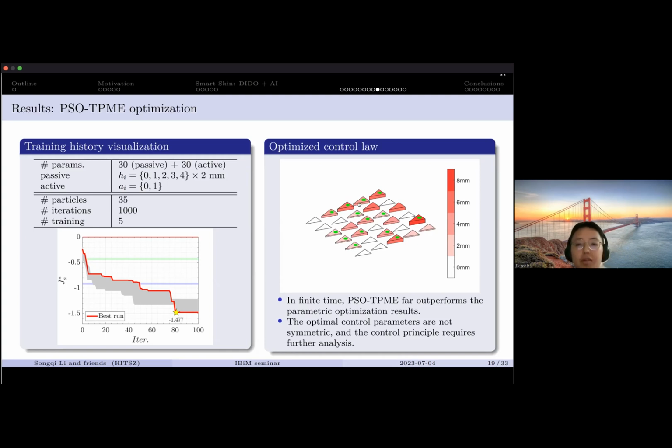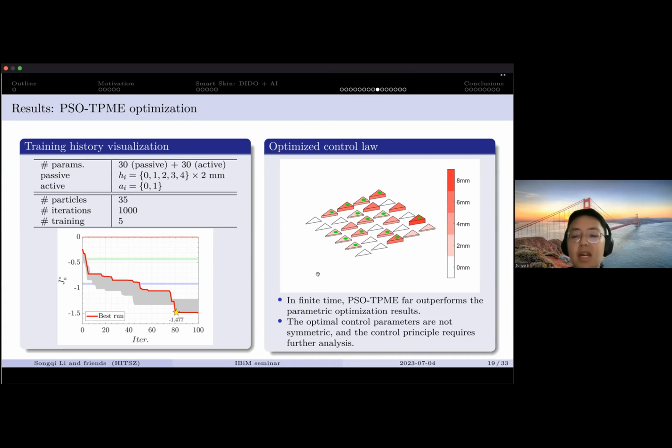And when we visualize the actual pattern of the control, both active and passive pattern, we use red color to represent the actual height and activation status of each unit, and we use these green dots to represent the activation of the active control.